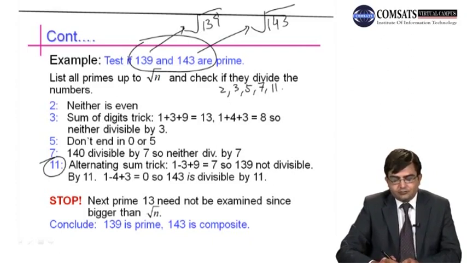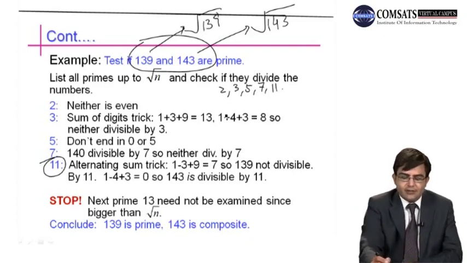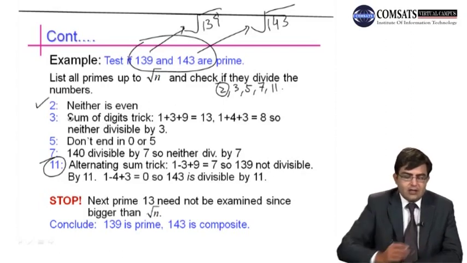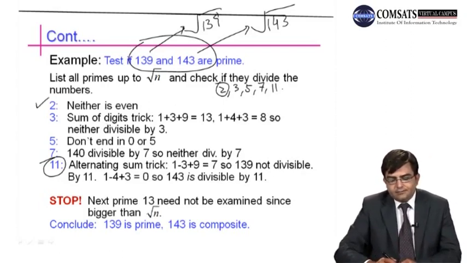So we check first for 2, whether 2 divides 139 or 143 or not. 2 doesn't divide 139 and also 143, as 139 and 143 are not even numbers. Now how to check whether 3 divides some number or not? There is a result for this.